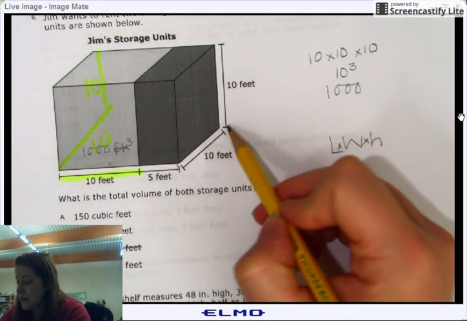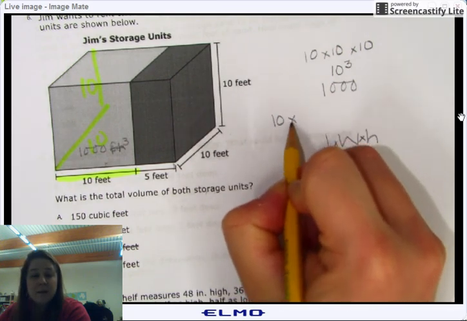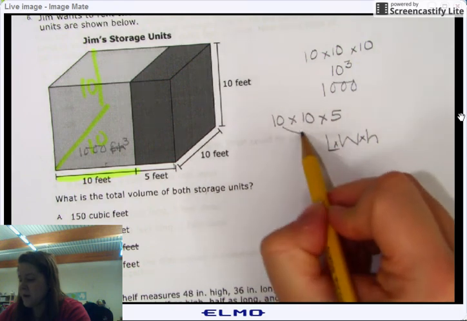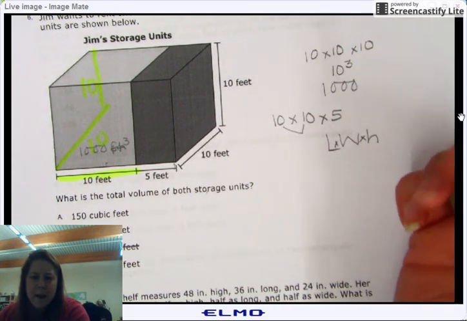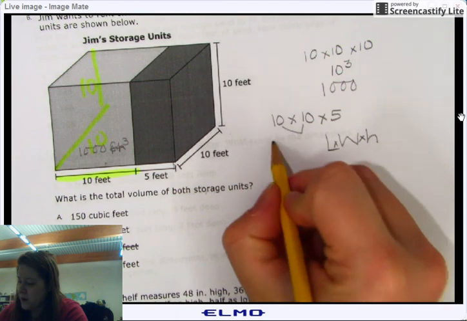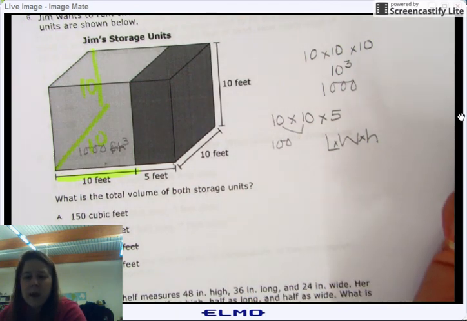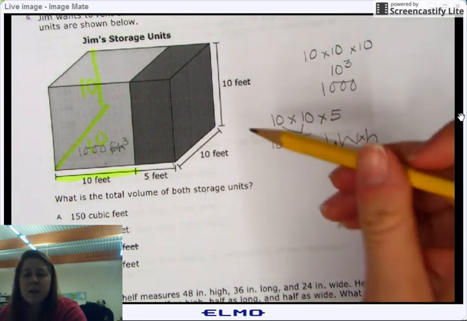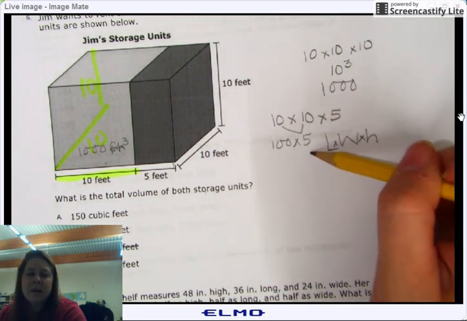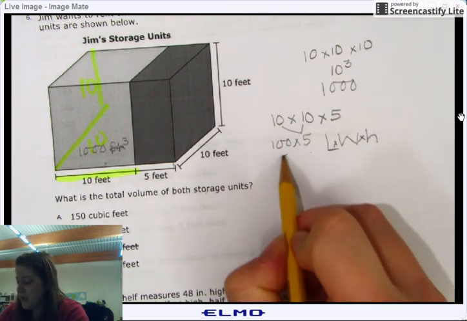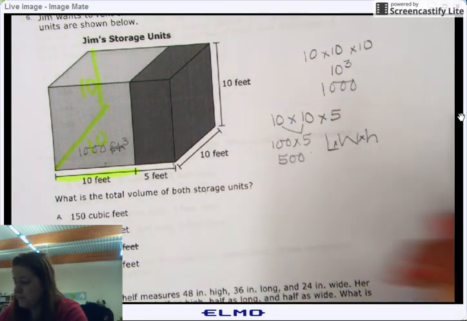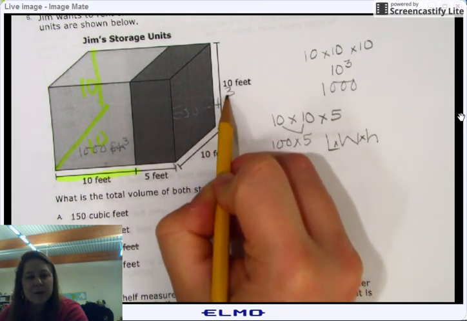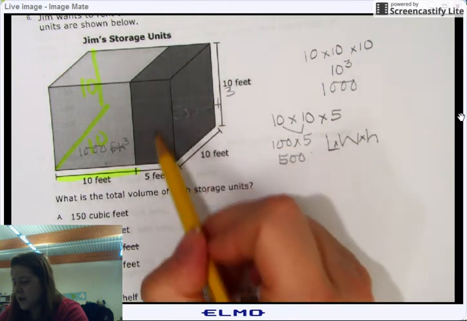And I have 5 times 10 times 10. So I have 10 times 10 times 5. Okay? Let's just do 10 times 10. 10 times 10 is 100. And then I'm going to multiply that by 5. Taking 100 times 5, you should get 500 feet cubed for this dark gray area.